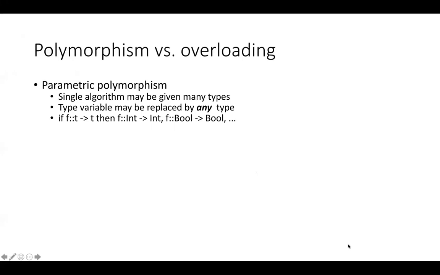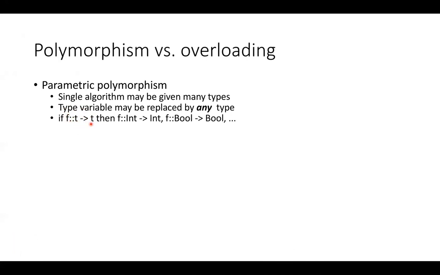As we've gone through Elm and Haskell, we've seen these cool parametric type systems where we can annotate or infer types of things like functions. For example, you might have a function f with a type signature t to t, and we've pointed out that t is a type variable.